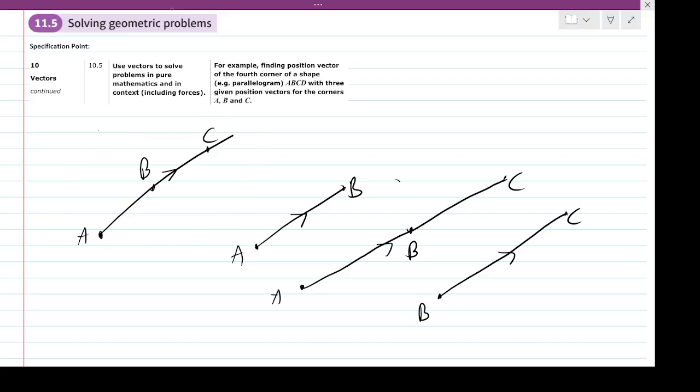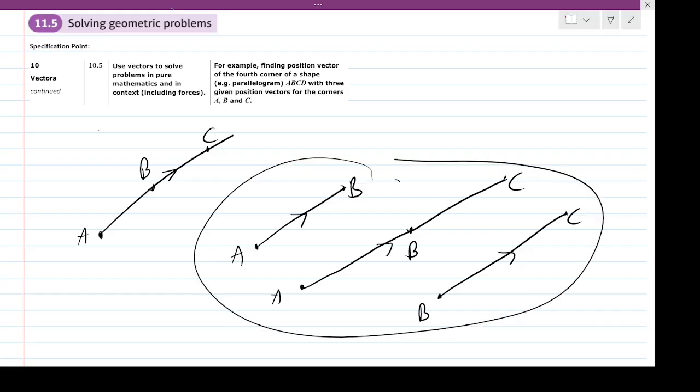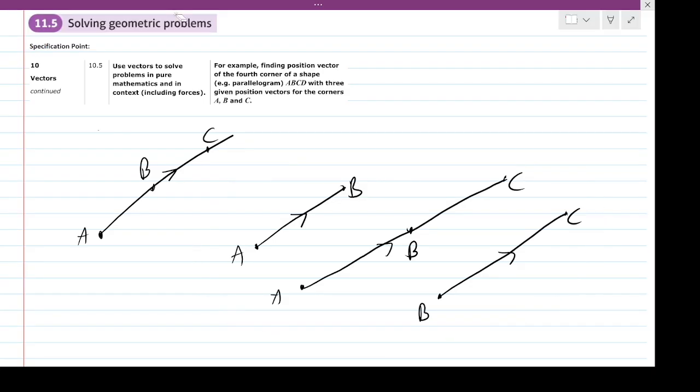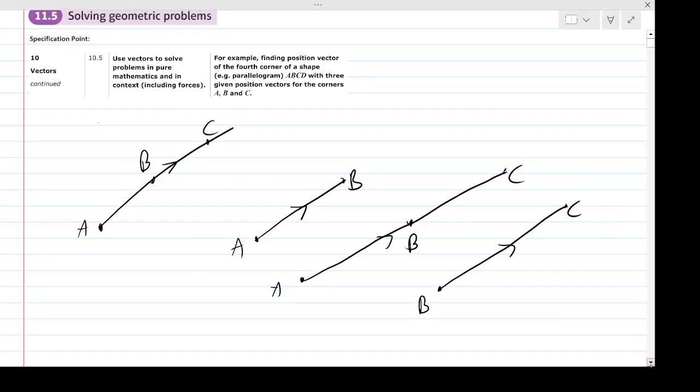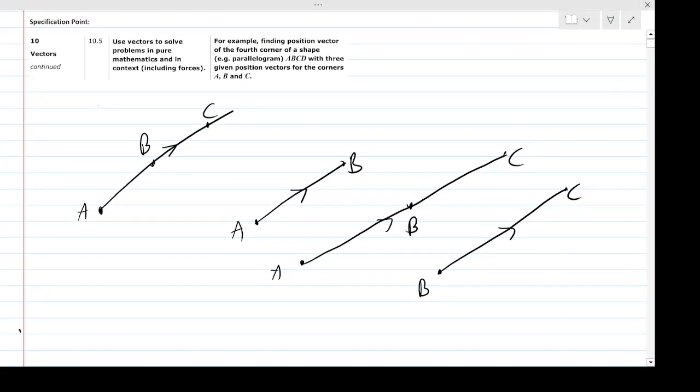Obviously the lengths are all going to be different, as you can see here, but they're all the same gradient, so they're all parallel, which means if we have three points A, B, C, they lie on the straight line.